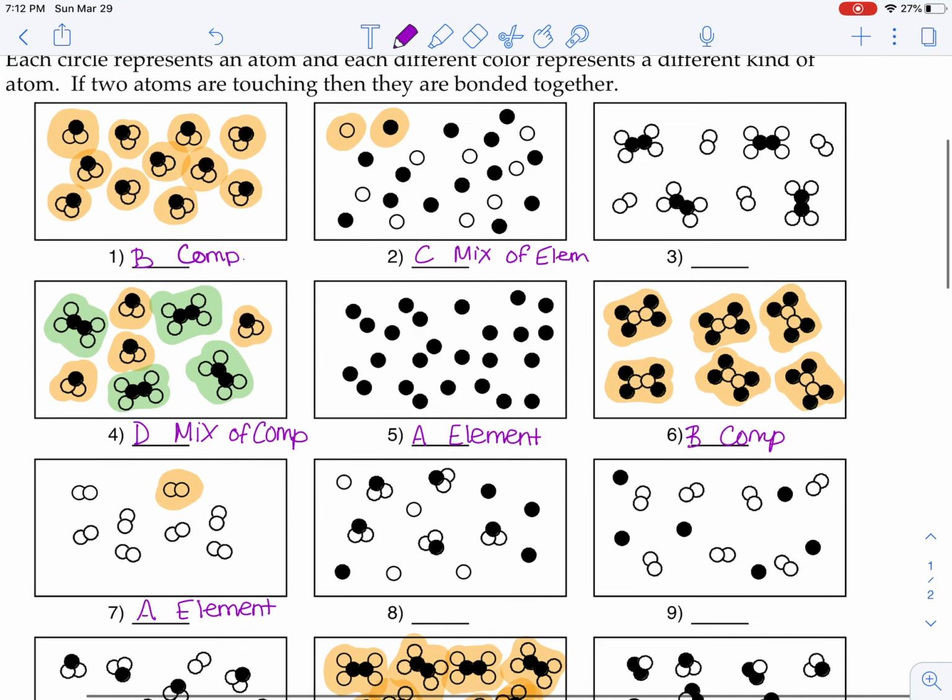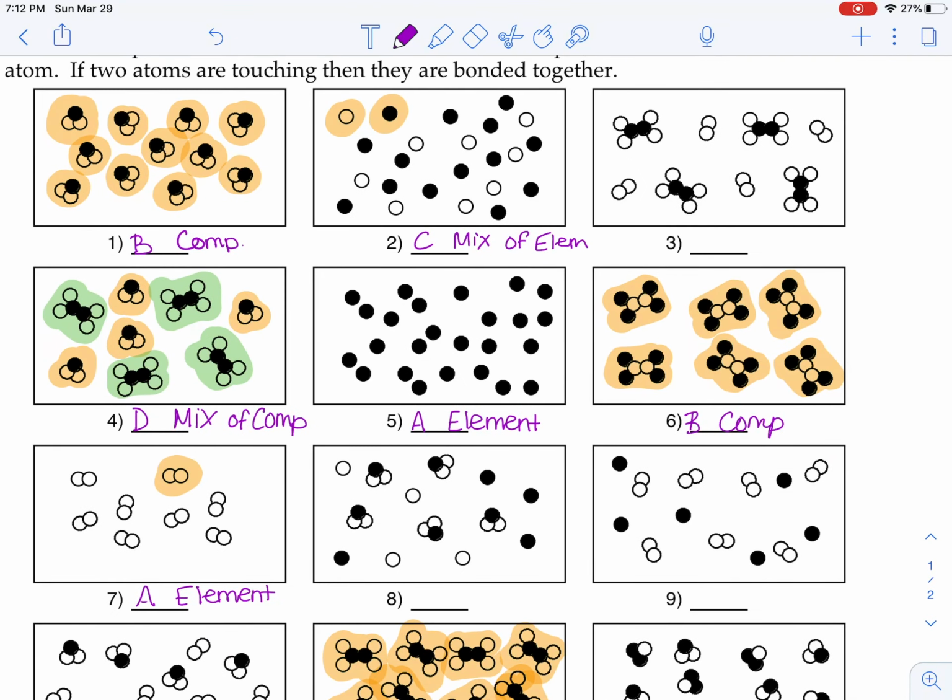If I keep looking through this, if I'm looking at number 8, I see that I have some compounds, but I have some elements by themselves. So let's not come back to that one yet.